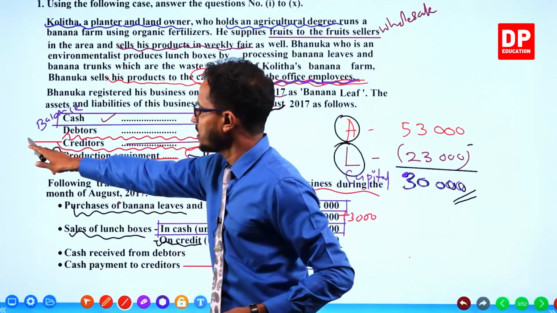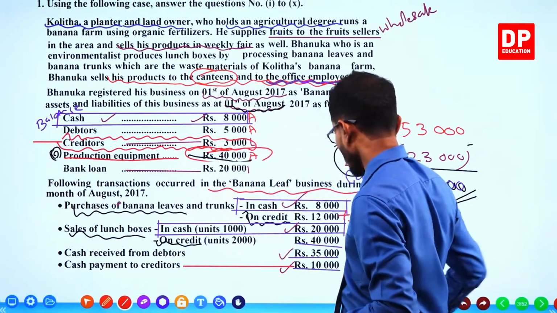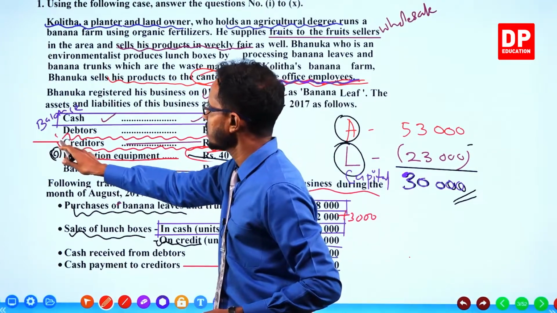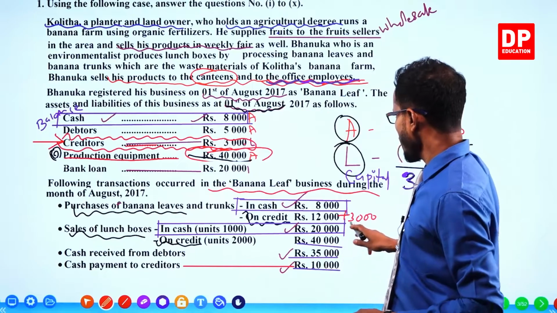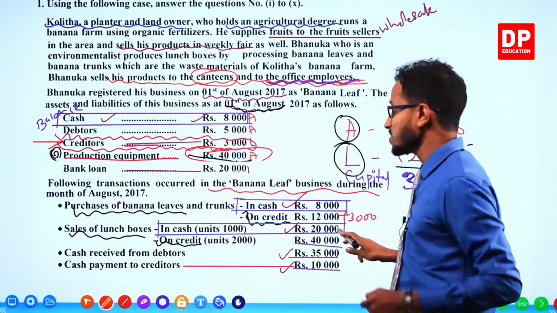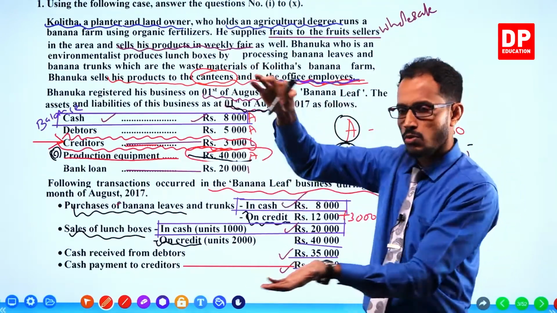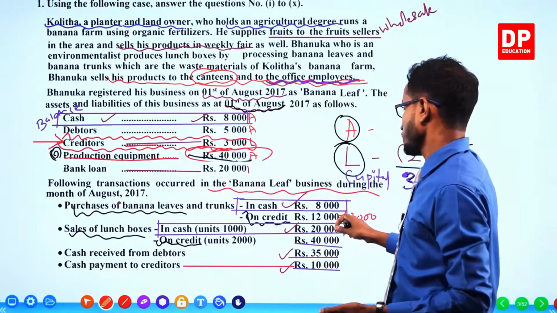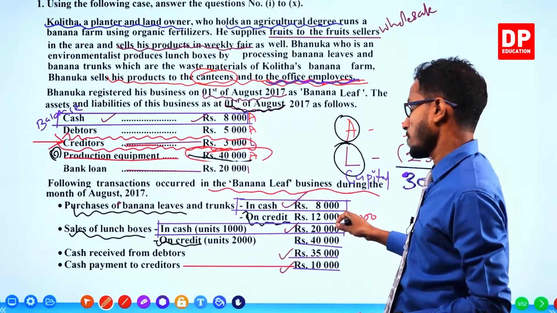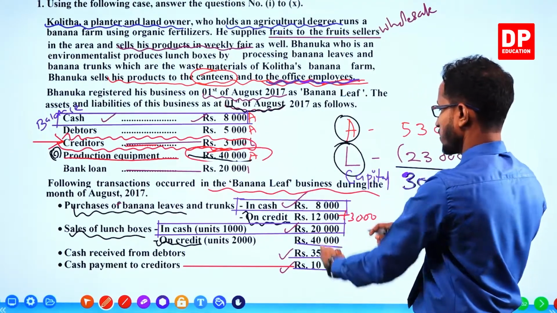So to begin with, we had 3,000 worth of creditors. That should be added to the credit purchases. We purchased more goods from creditors, 12,000 during the month. Plus this 3,000, it's 15,000.